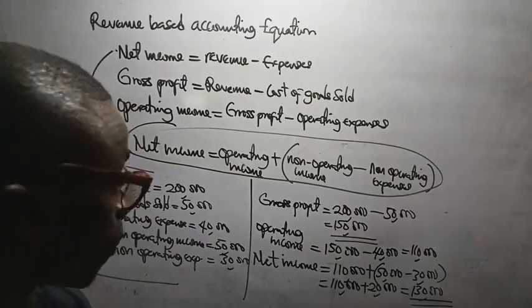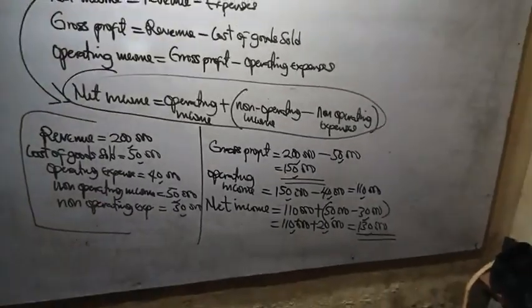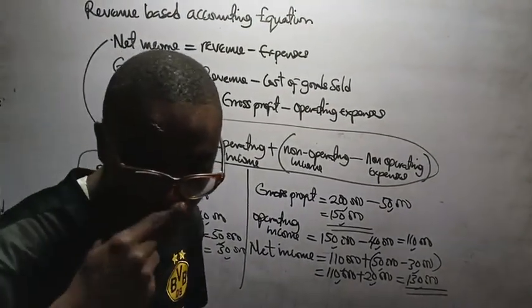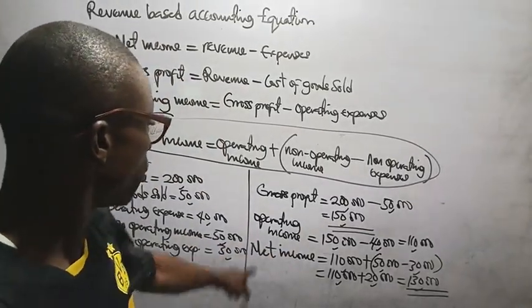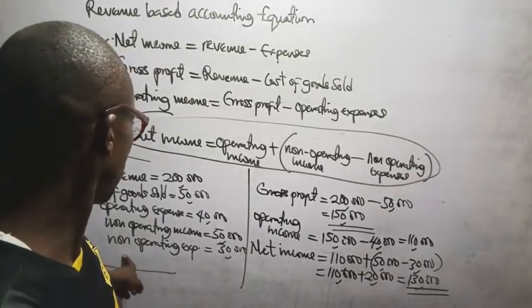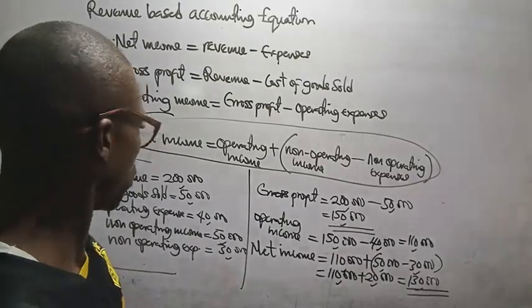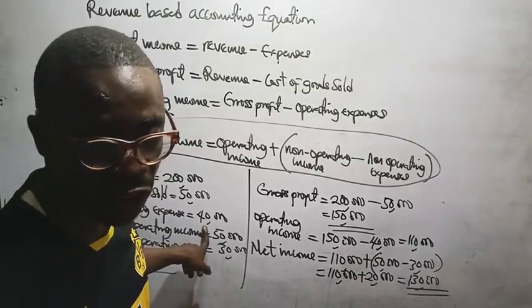Yes, we are together. Okay. There's an error in that material. Please look at it. They made a mistake when they were calculating your operating expenses. Operating expenses was 40,000 naira.